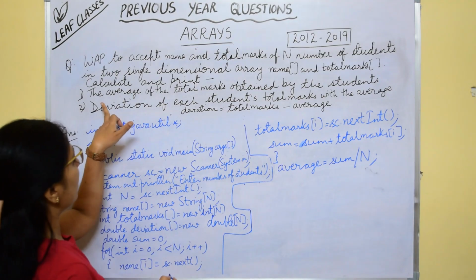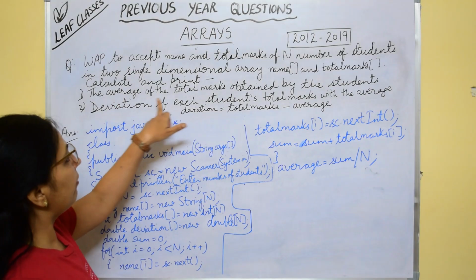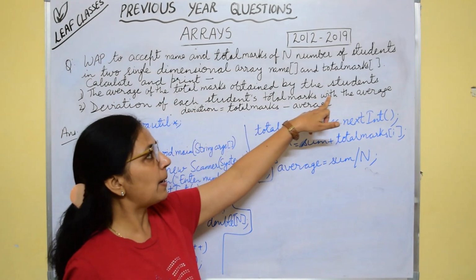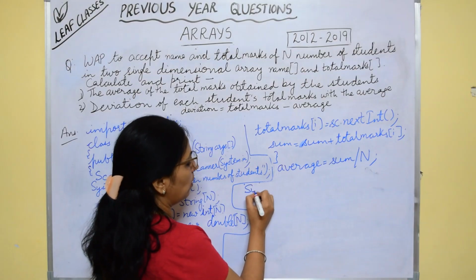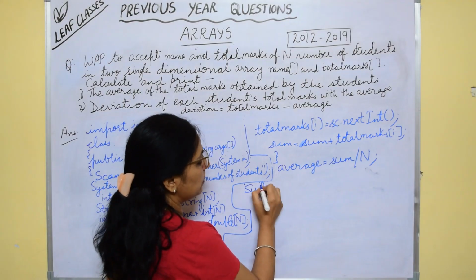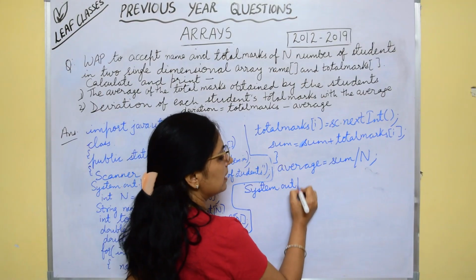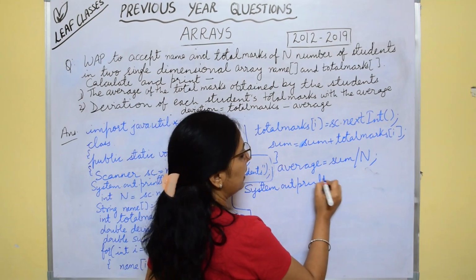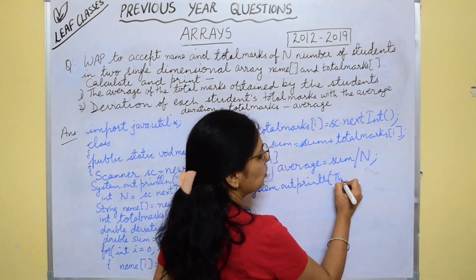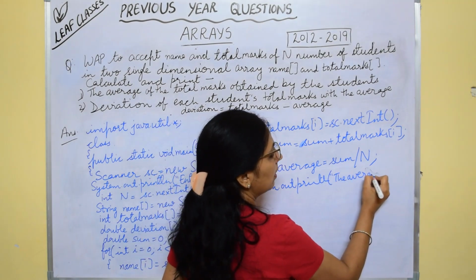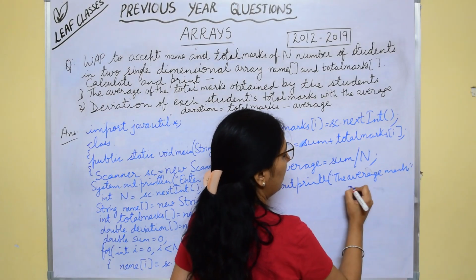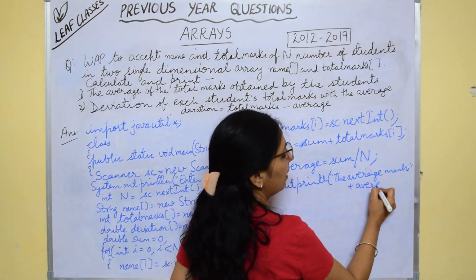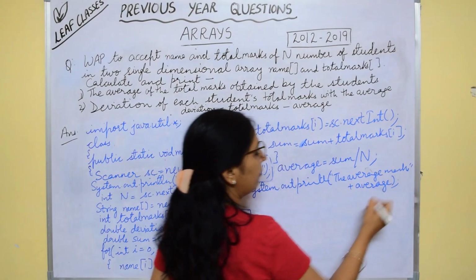The first part of the question says the average of the total marks obtained by the students you have to calculate and display. So here you will be displaying this as well. System.out.println the average marks plus the variable name, that is average.